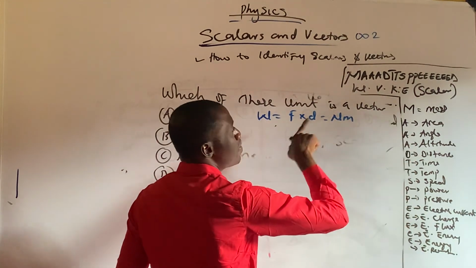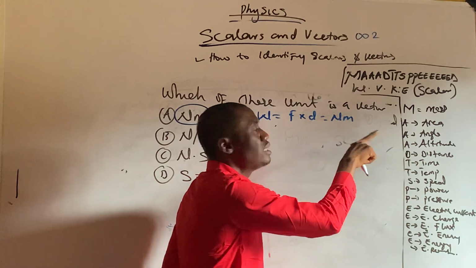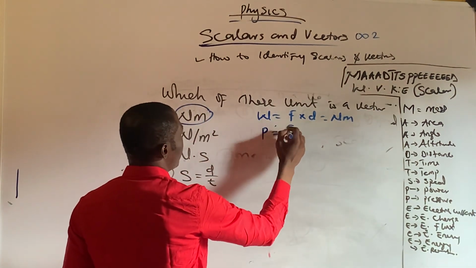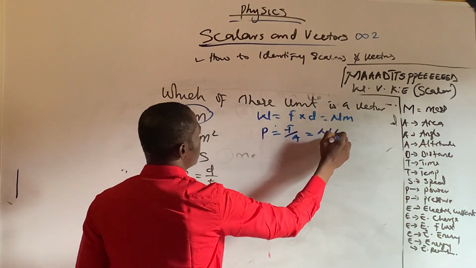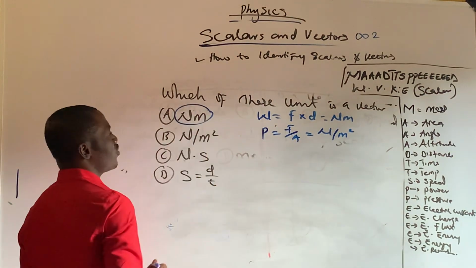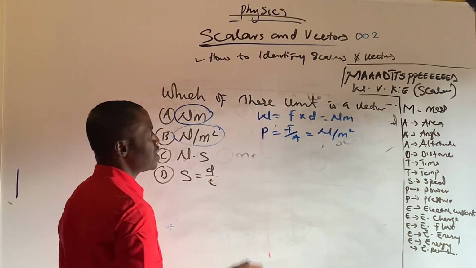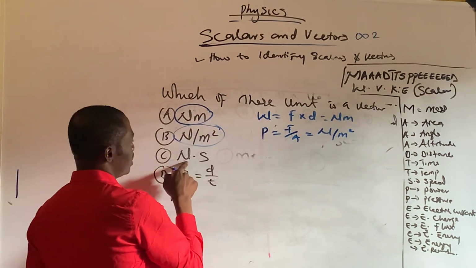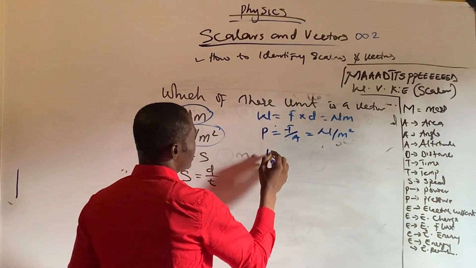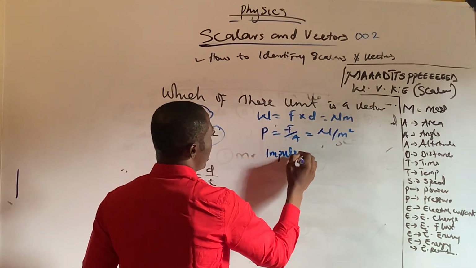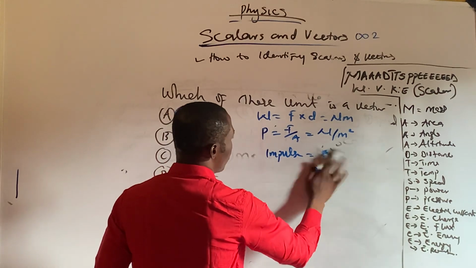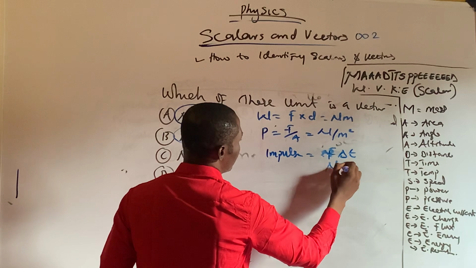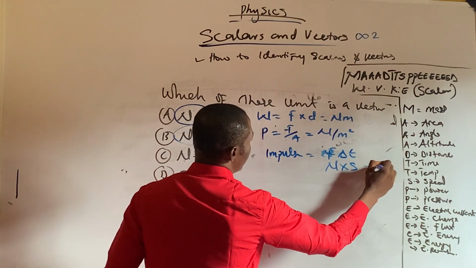Then we have pressure. Pressure is force over area, which is Newton per meter squared, so pressure definitely is not a vector. Then Newton seconds: impulse is equal to force times change in time, and force is Newton, time is seconds, so it is Newton seconds.